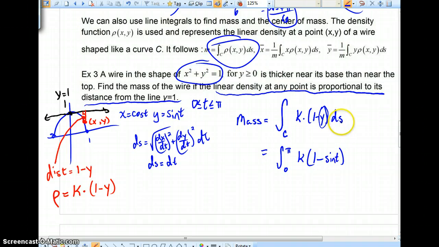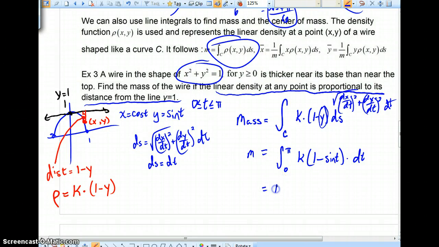And ds, remember, ds is really the square root of dx dt squared plus dy dt squared. We can't forget that. That was our arc length. But we just showed from example 1 that that just becomes dt. So here we go again. This mass, honestly, is just a Calc AB problem.